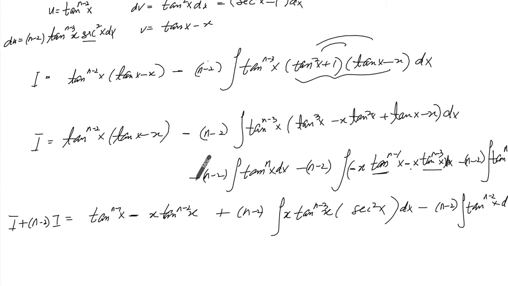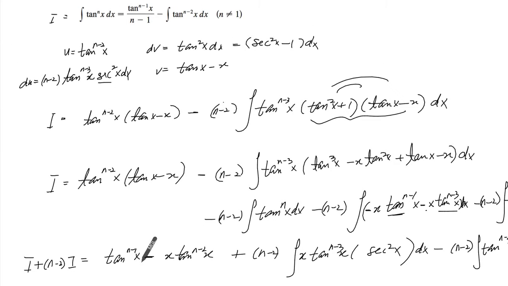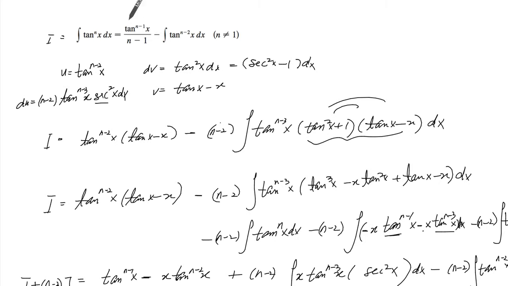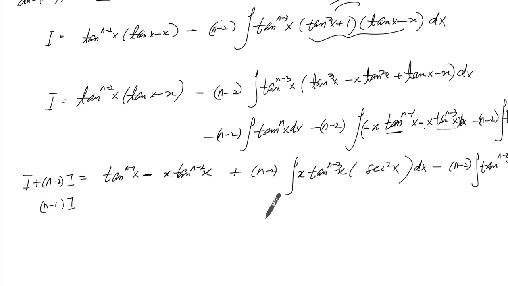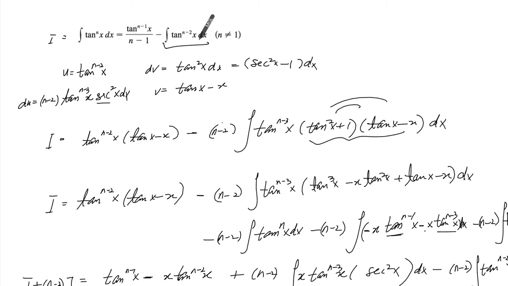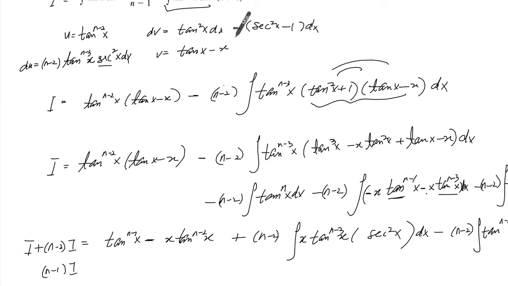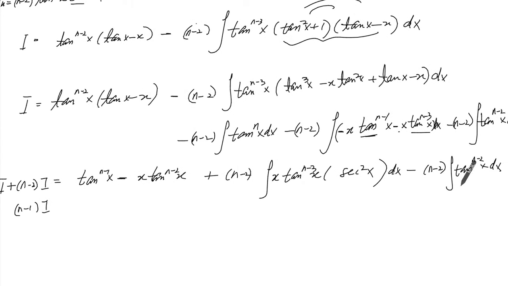So let's compare with where we want to be. So we have this. If I add this, I get actually n minus 1. So if I divide everything by n minus 1, I get this over this. So this I have already. So how does the rest of the things that I have simplify to this? Now, n minus 1 x, that's right there, right?